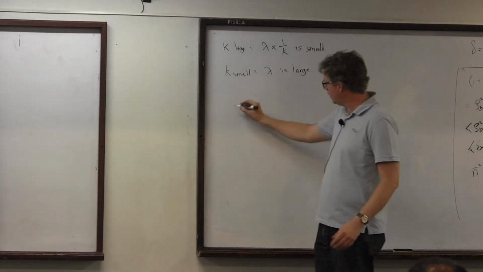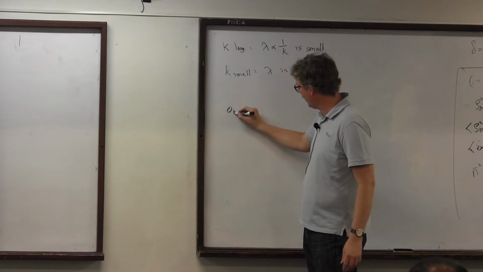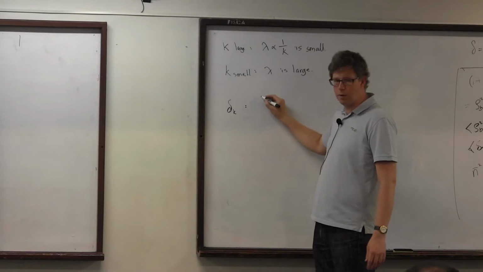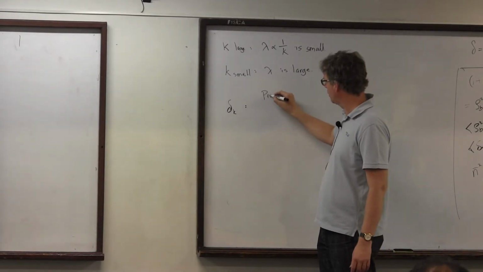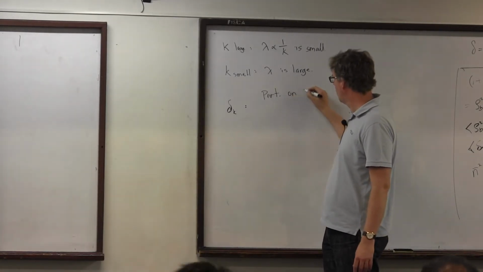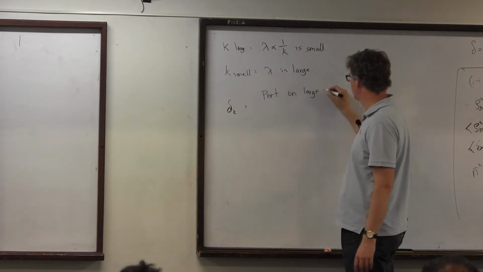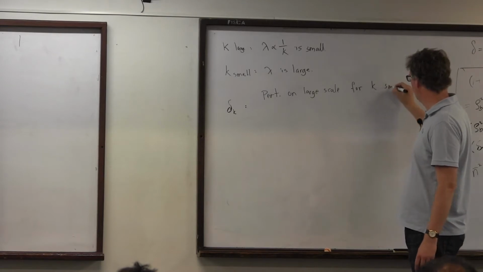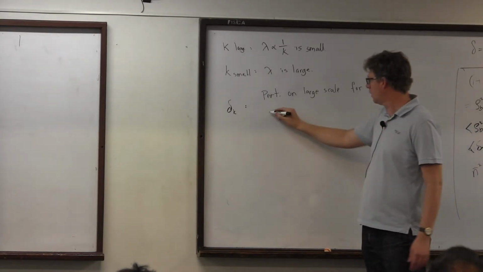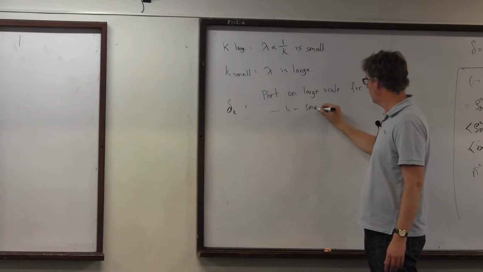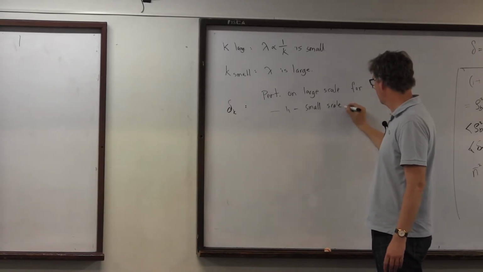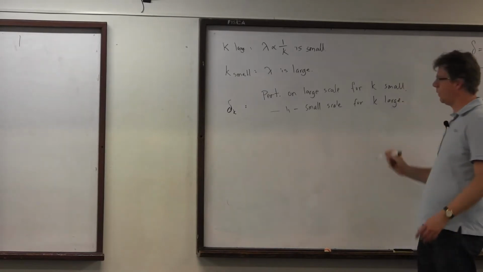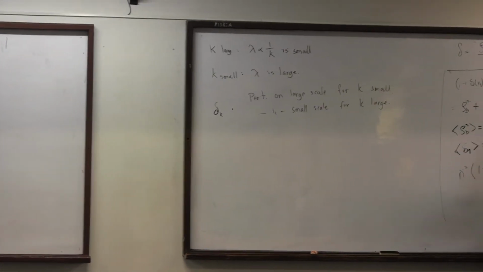So your delta k is going to be perturbations on large scale for k small, and on small scale for k large. Okay? So that's what this is going to tell you.